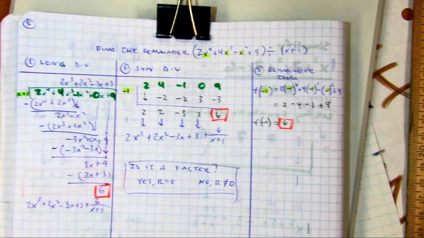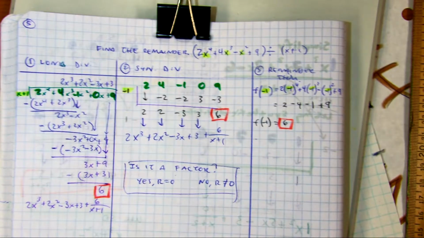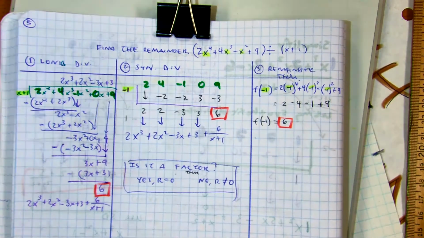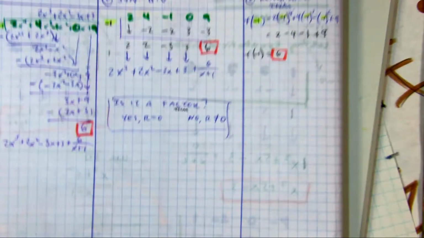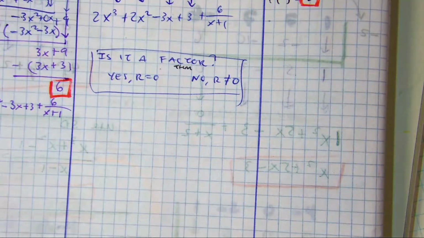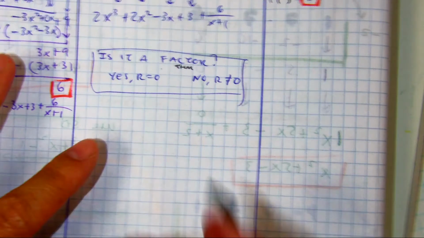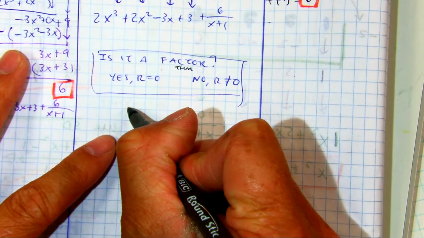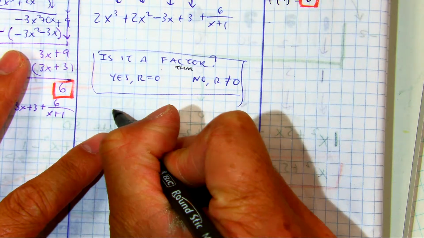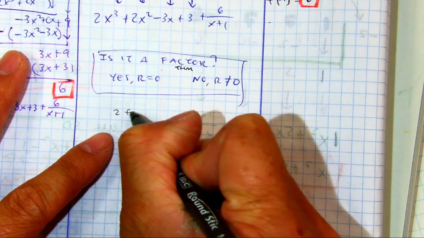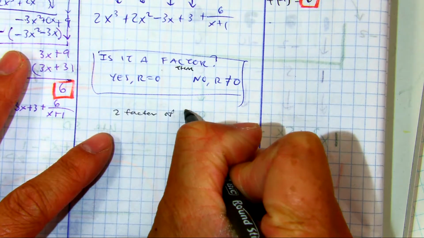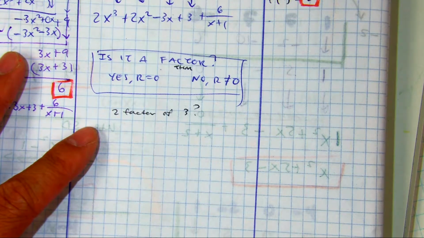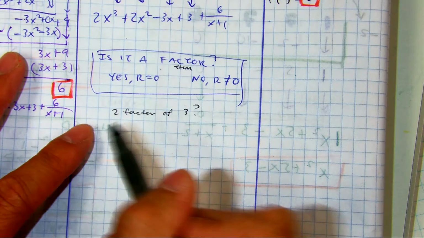Okay, so how do I explain to you guys now whether it is a factor? This is called the factor theorem. Let's do a super easy division problem. Here's my question. Is 2 a factor of 3? Can I multiply 2 times something, a whole number, to equal 3?